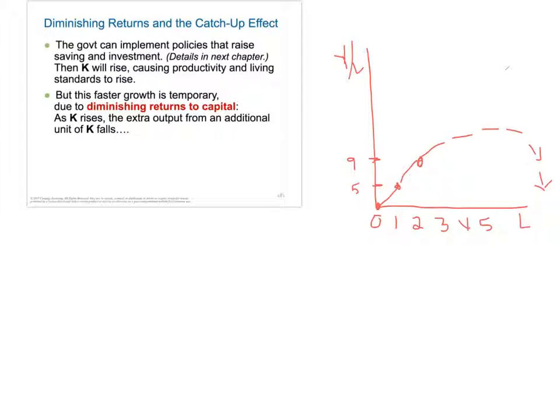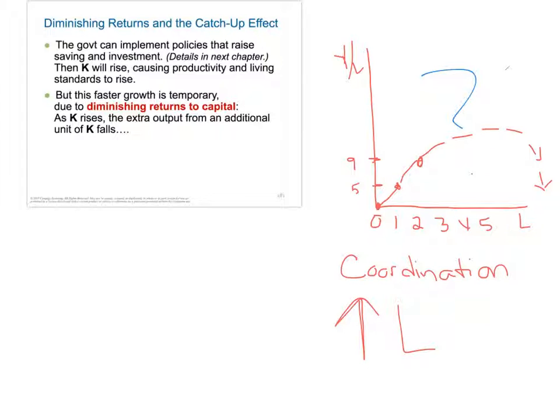So here's the question, why? Why does that happen? Well, the idea is not necessarily that worker 2 shirks responsibility or isn't motivated. It's that it takes a coordination of effort to make the work happen. So the more workers that you get, as we increase the labor, the more coordination that it takes.